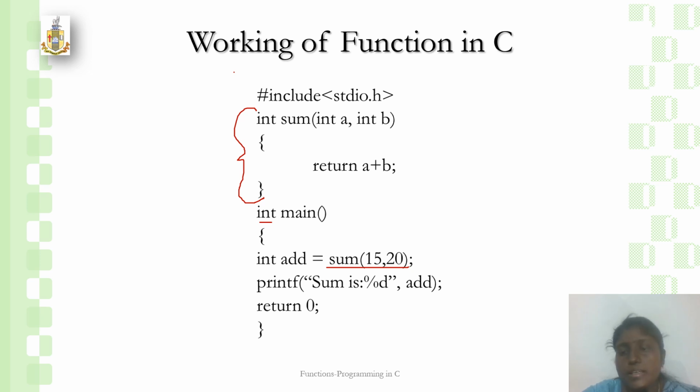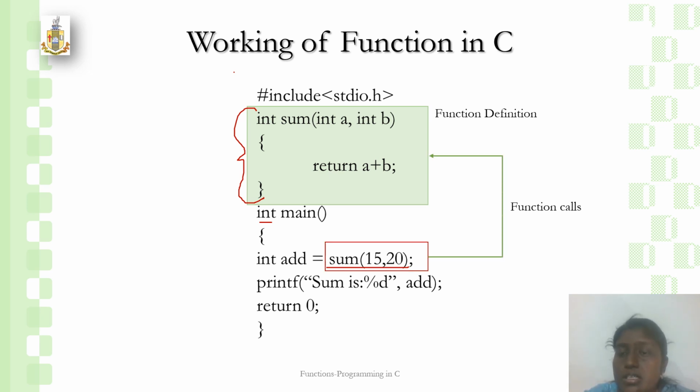Now, how will a user defined function work in C? We have declared and defined the sum function, and in main we are calling the function. Look here: this part is the function definition, and this sum is the function call.